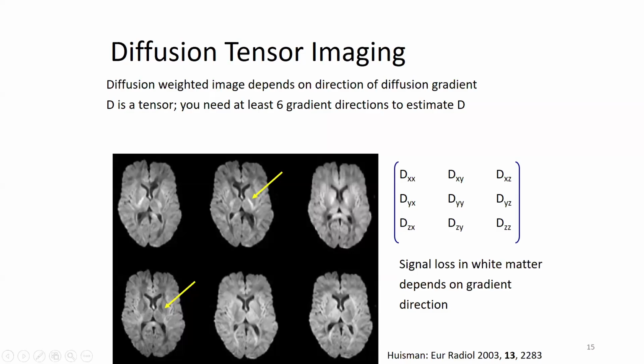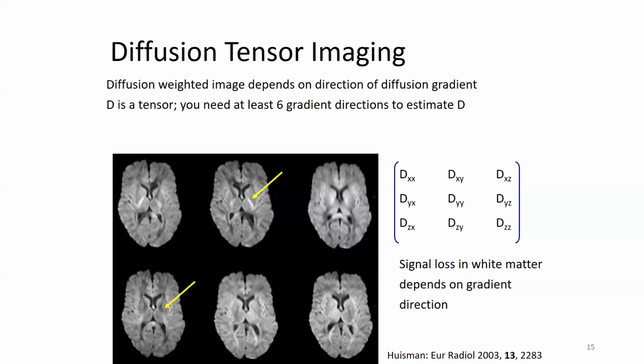Well, again, we use these diffusion gradients, which we can play out in different directions. So we can have a gradient in the x direction, from left to right or from right to left. So I can have the low value at my left ear and the high value at my right ear, but I can also have it from my nose to the back of my head or from top to bottom, but also any combination of it.